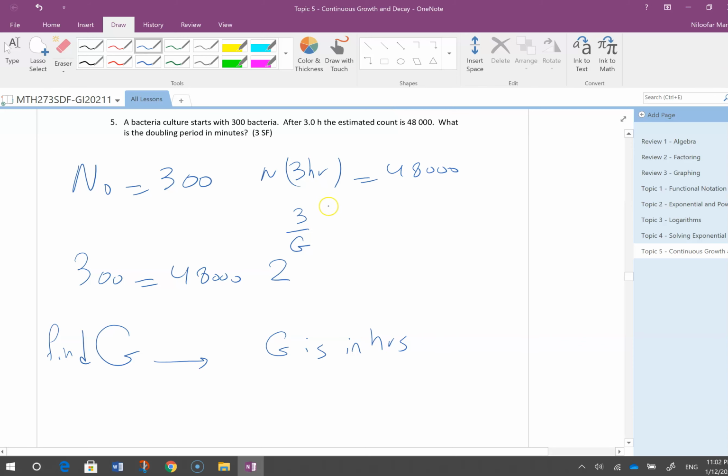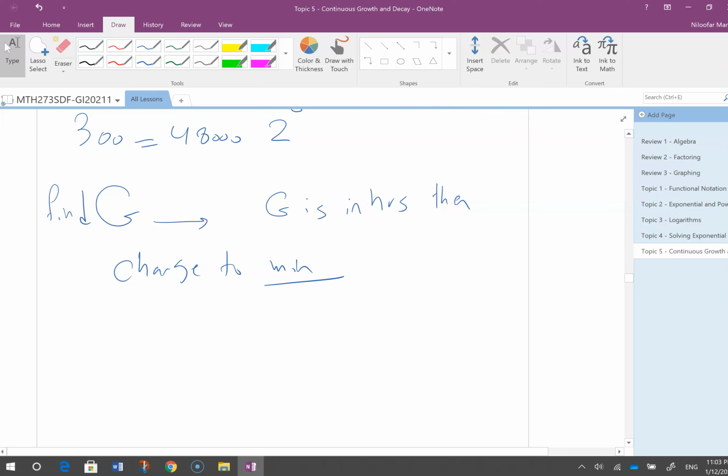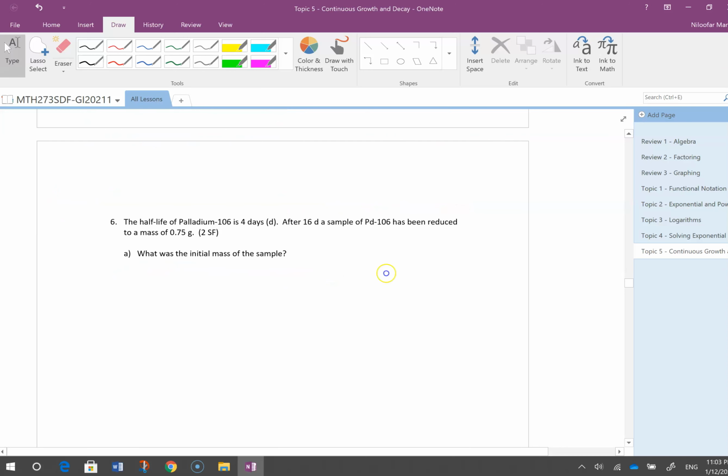Yes, in hours, because it's 3 hours. So then change it to minutes. How do you change it to minutes? You multiply by 60, because 1 hour is 60 minutes. So make sure that you do the question here.